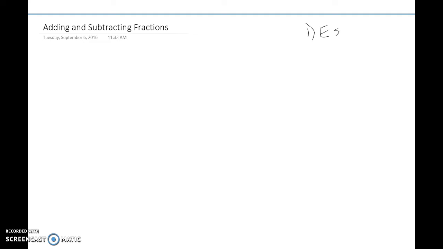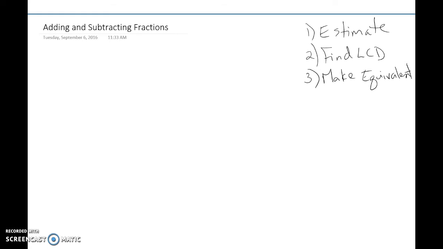1, estimate. Always estimate to see about how much your answer should be. 2, find the LCD, least common denominator. 3, make equivalent fractions with the LCD. 4, after you do that, you just add or subtract numerators.